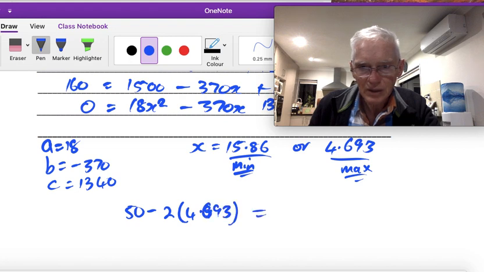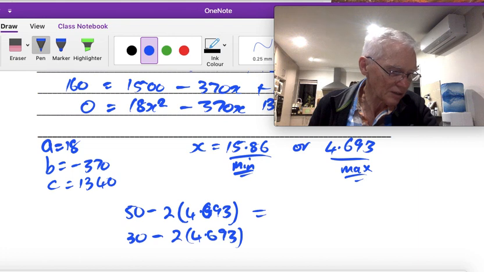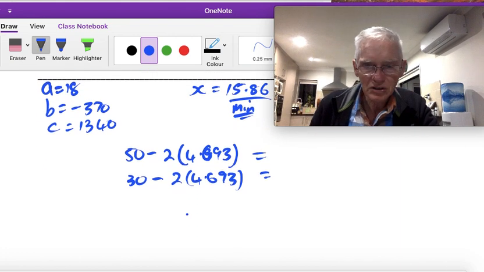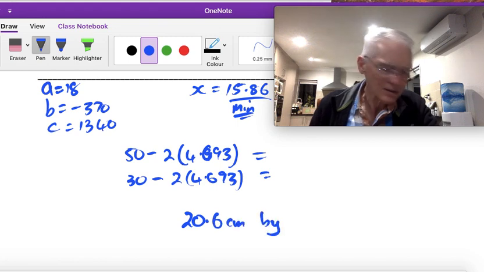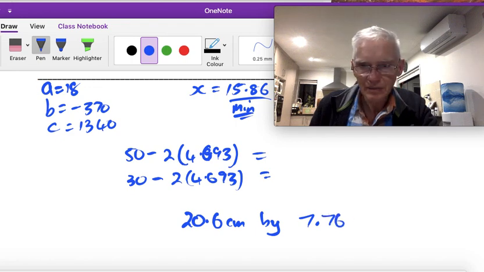That will give you one length, and the other one will be 30 minus 2 lots of 4.693. That will give you your other dimension, and that is going to be dimensions of 20.6 centimeters by 7.76 centimeters. Here we go. That's for merit.